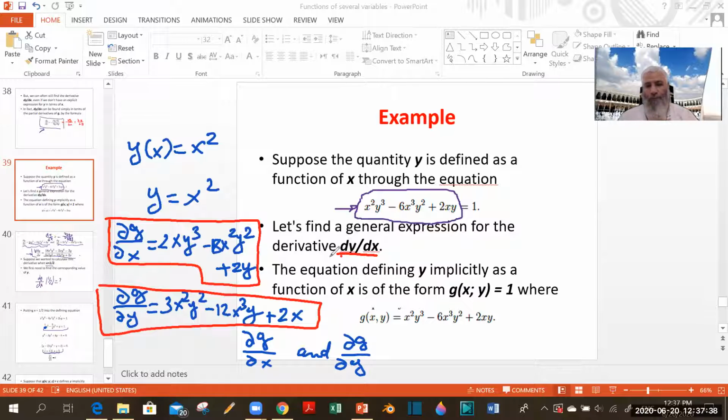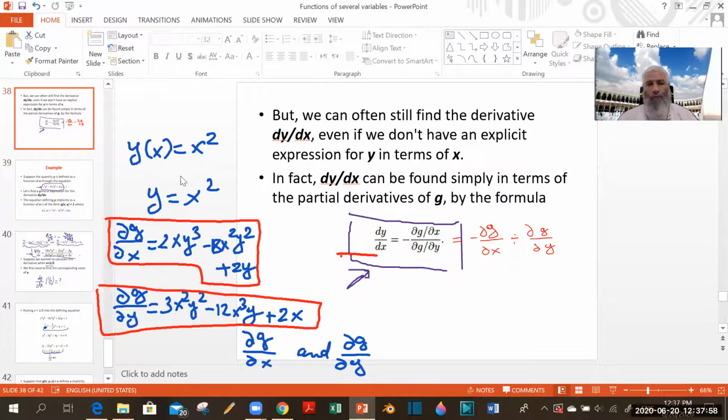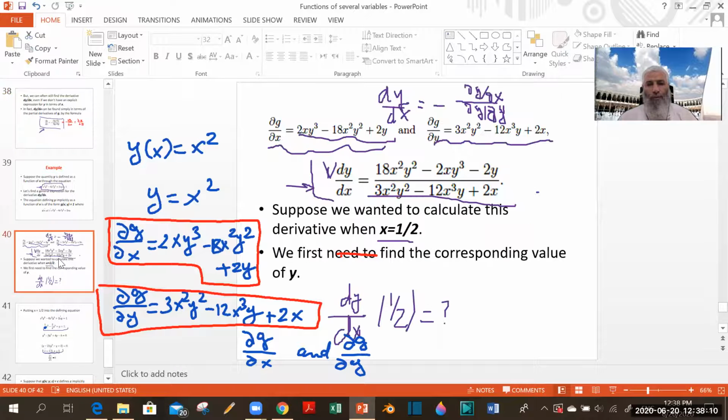We can get dg dx and dg dy, but we need dy dx. Okay, right now it's clear. So here dy dx is negative dg dx divided by dg dy. Right now I understood.